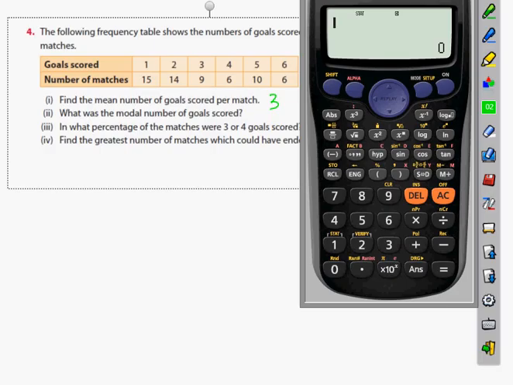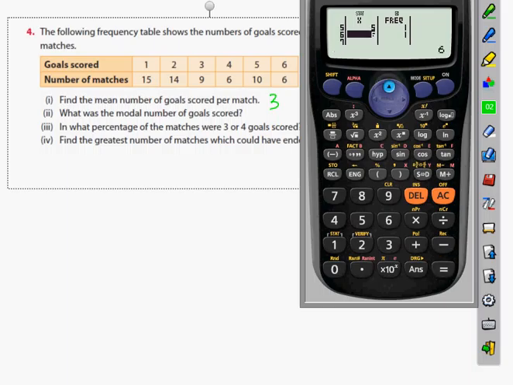Now, once you've done that, you go back into stat mode, one variable, and everybody is now here. Goals scored is your variable, so you enter 1 equals, 2 equals, 3 equals, 4 equals, 5 equals, 6 equals.